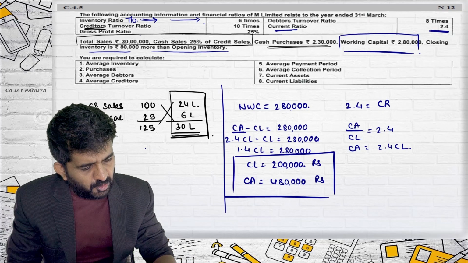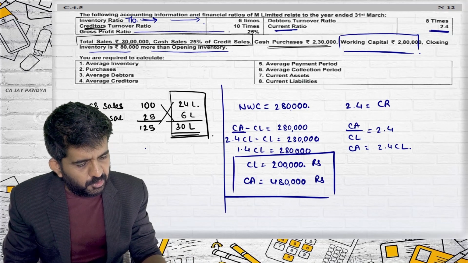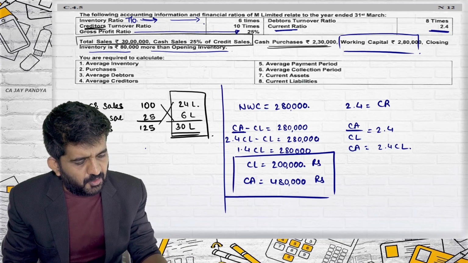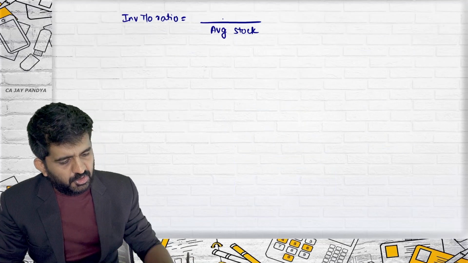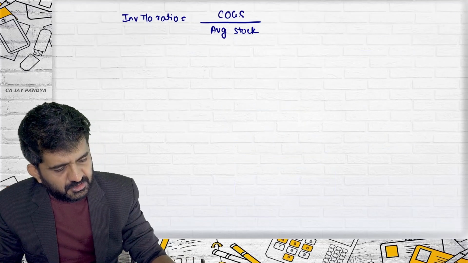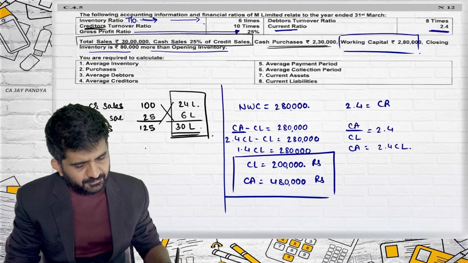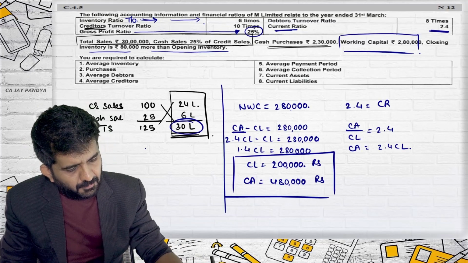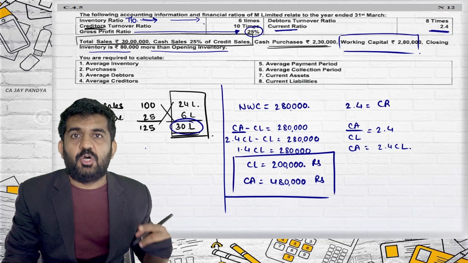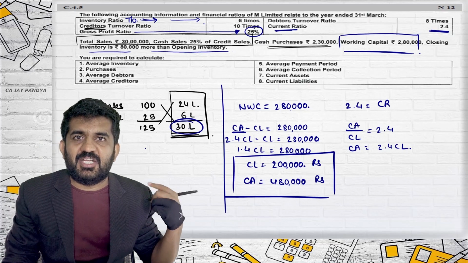COGS can be found out because the total sales is given and gross profit ratio is also given. So in the numerator, I will be taking COGS. Sales is 30 lakhs multiplied by 75%.